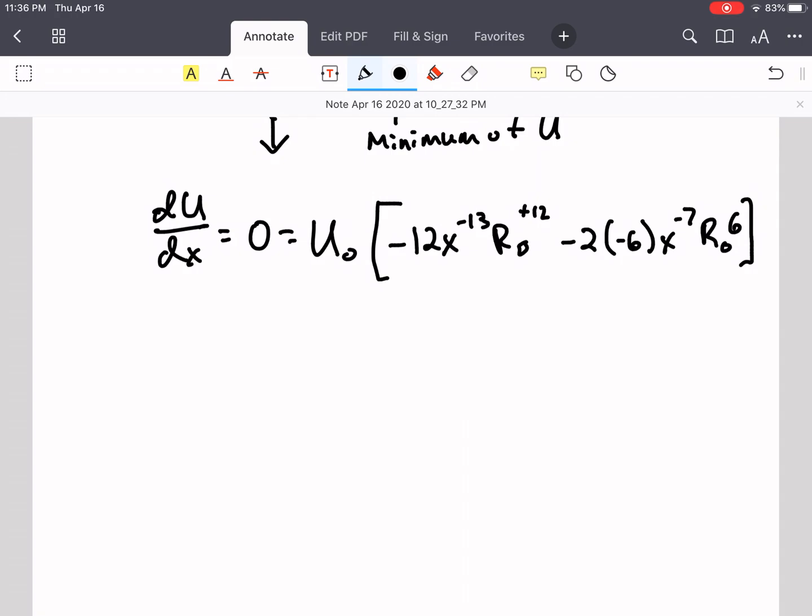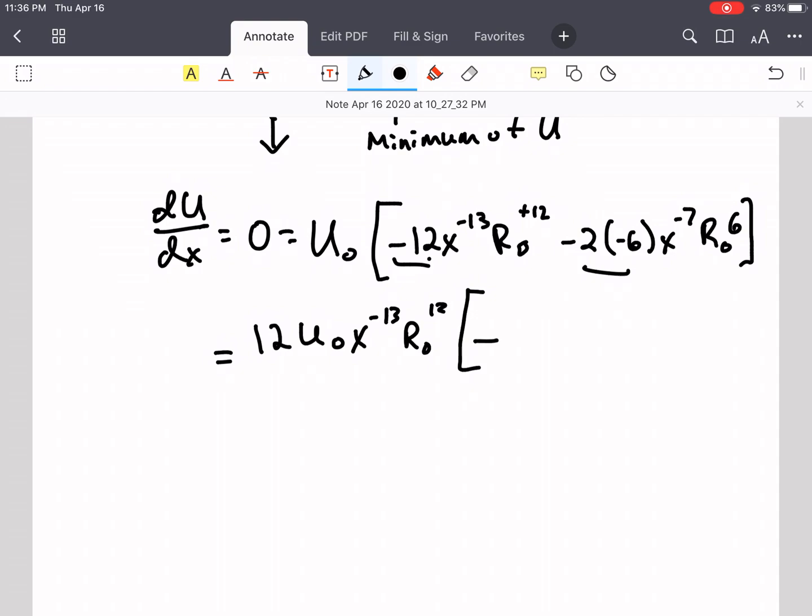So first off, there's a very nice property, and in fact that's what that factor of 2 was doing there. These are now both 12s. So I can go ahead and factorize that. This is now 12 U0, and there's an overall factor of x to the negative 13th that factorizes. And I'm going to also factorize an R0 to the 12th. So once I've done that, then I have negative 12.